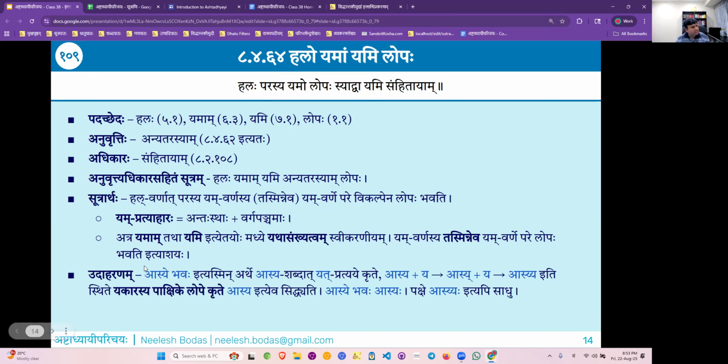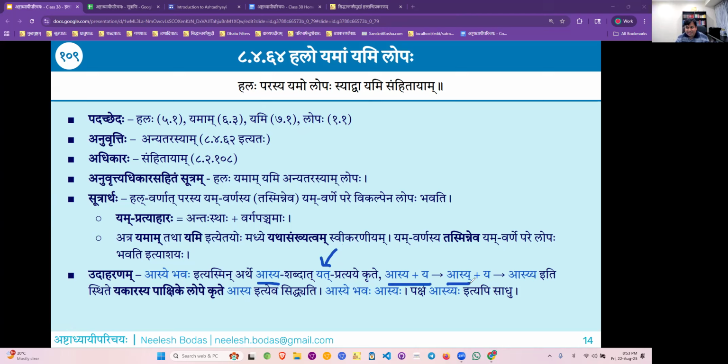I'll take the example because the example is a little new. So asye bhavaha. Asya means mouth. Asye bhavaha, the one that is in the mouth. In this meaning, from the word asya, yat iti tadhita pratyayah bhavati. So there is a tadhita pratyaya attached to the asya word: आस्य प्लस य. यत् इत्यत्र तकारस्य इत्संज्ञा लोपः. आस्य प्लस य इति स्थिते, कथंचित् केनचित् सूत्रेण यकारोत्तरस्य अकारस्य लोपः भवति.